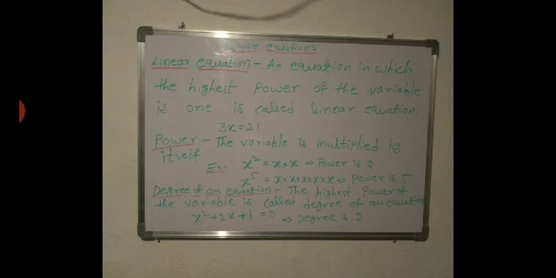Here the highest power of the variable is 2, because in x square the power is 2, in 2x the power is 1. And 1 is a constant; the power of a constant is always 0. So the highest power is 2, so the degree is also 2.